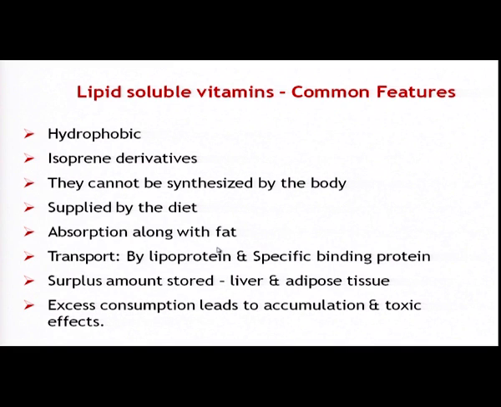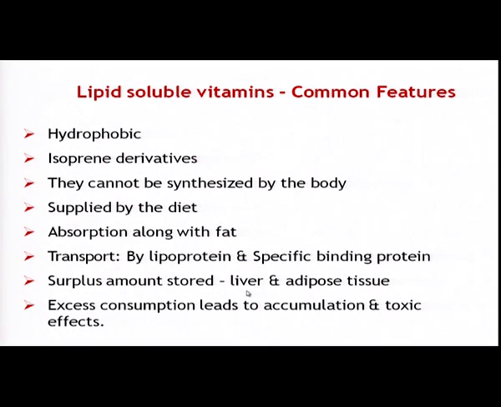Okay. So, now the last point, as you look over here, this is an important point, because as we are talking about deficiency, we should also be aware of what will happen if a person ends up taking more vitamins than required. Maybe for a transient period of time it is okay, and as long as we have sufficient storage organs like liver and adipose tissue, it would be stored there.